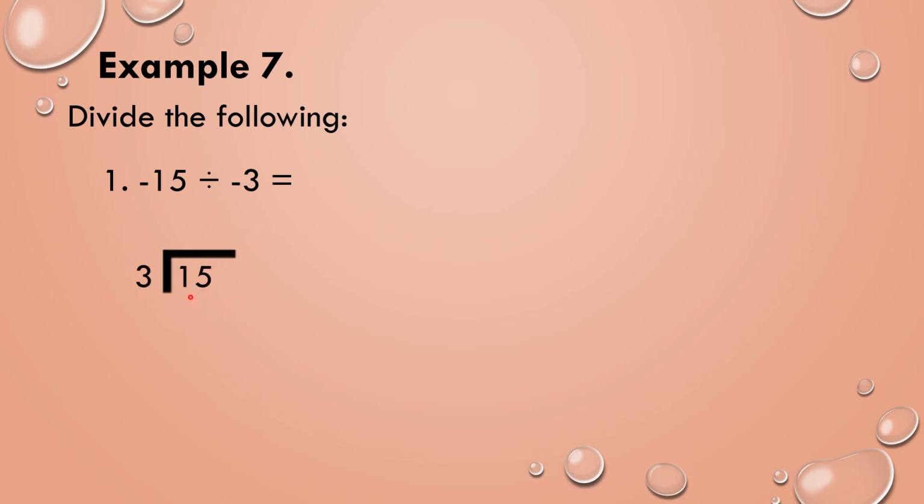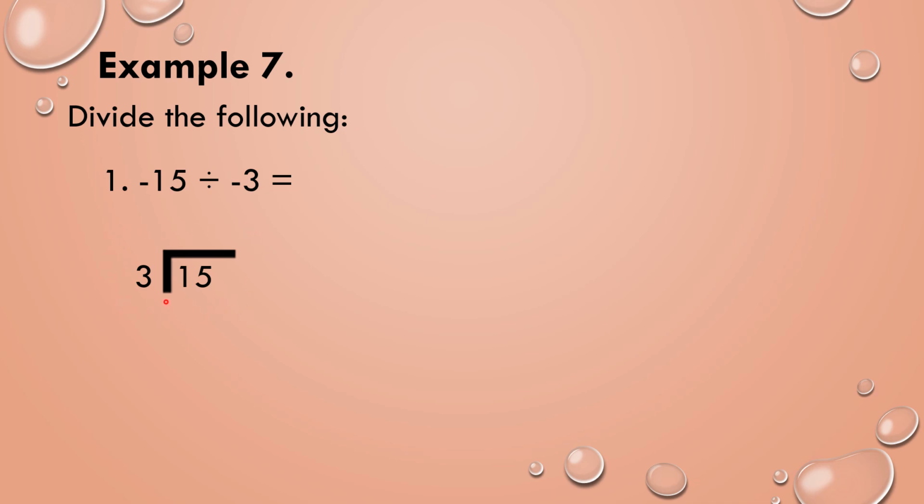So, this will become 15 divided by 3. Kapag nagsusulat tayo sa division equation ng given numbers, kung ano yung unang number, iyon yung ilalagay natin sa loob. And then, yung pangalawang number, iyon yung nilalagay natin sa labas. This is called as the proper way on how to solve or divide given numbers.